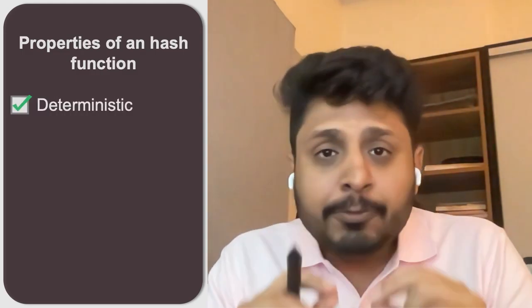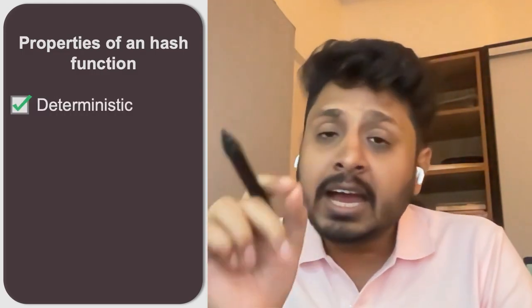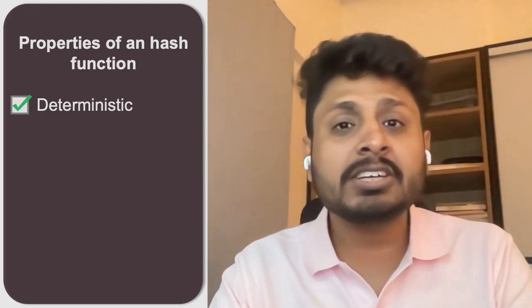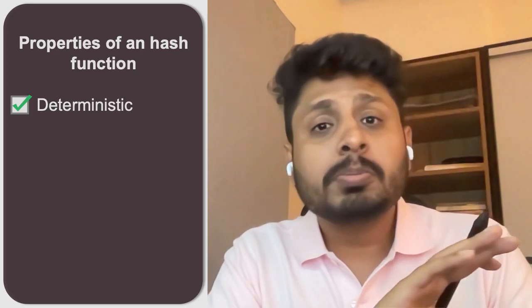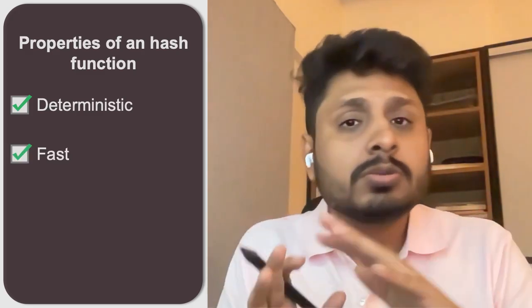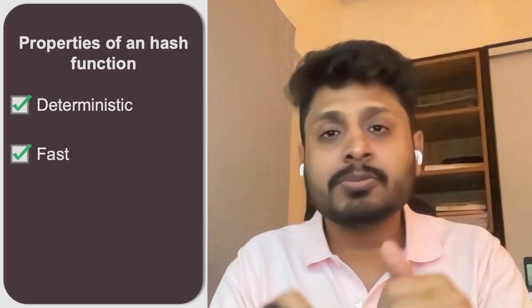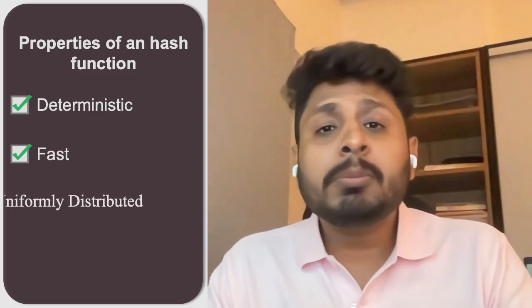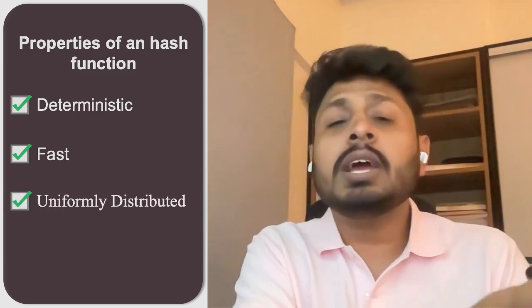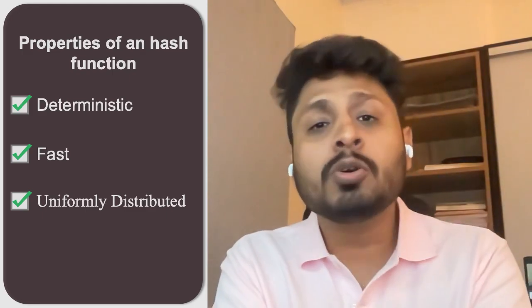That means every time you pass the same key, it has to emit the same hashed value, right? Then your hashing function should be fast enough. No one wants to wait for 100 milliseconds to get that hash value out, right? Then all the hash values that can be emitted should have an equal likelihood of being the output, right?